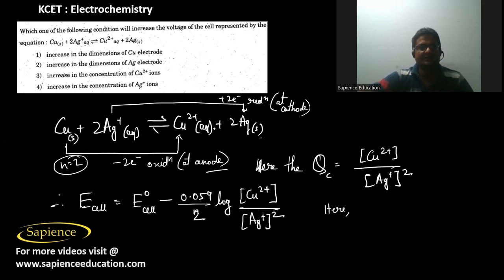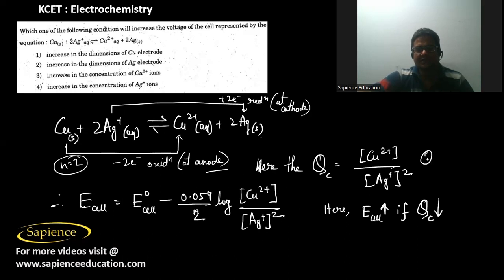The voltage of the cell will increase if this negative part decreases, meaning the reaction quotient QC decreases.